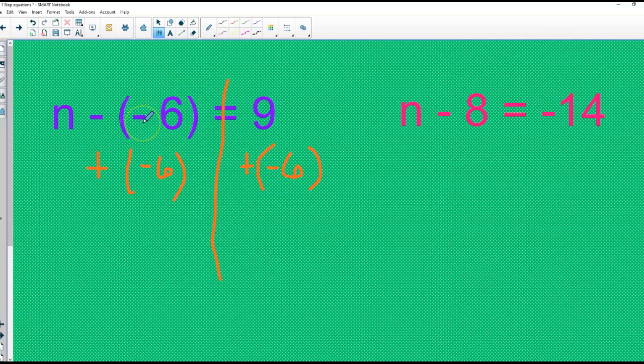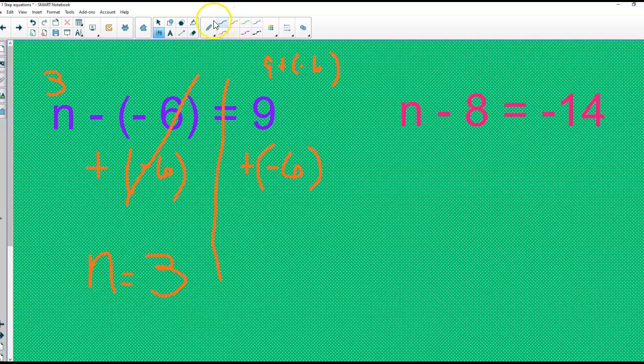Again, let's think. This is now gone. It equals 0. So I have an n on the left. And on the right, my problem is 9 plus a -6. And 9 plus a -6 is 3. If I plug this in here, 3 minus -6, leave change opposite, it's 9.